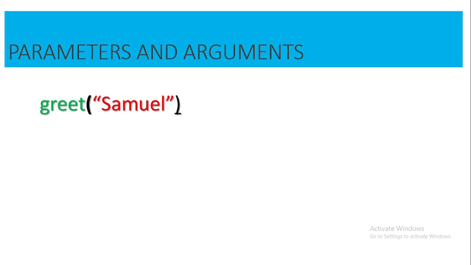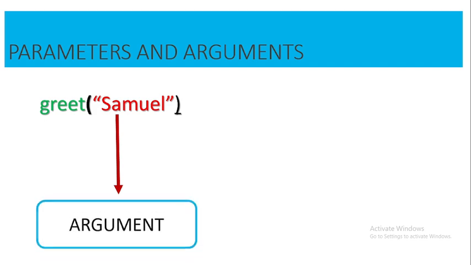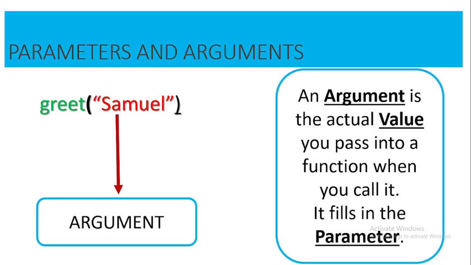For example, in the greet function that we created, I pass the information Samuel to the function. That is what we call an argument. The argument is the actual value you pass into a function when we call that function.